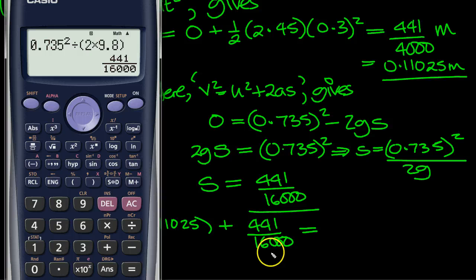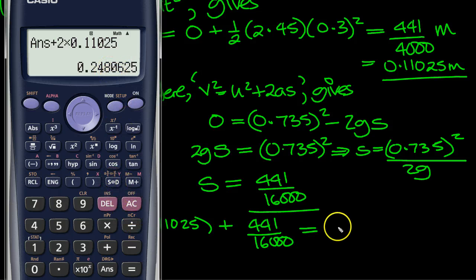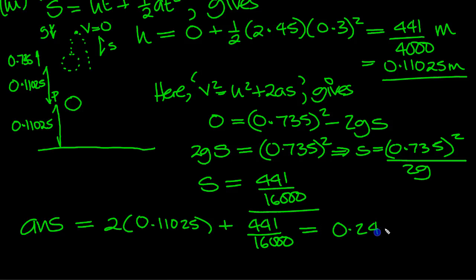So we got that in the calculator here. So add on 2 times 0.11025 equals 0.248. And that's to 3 significant figures.